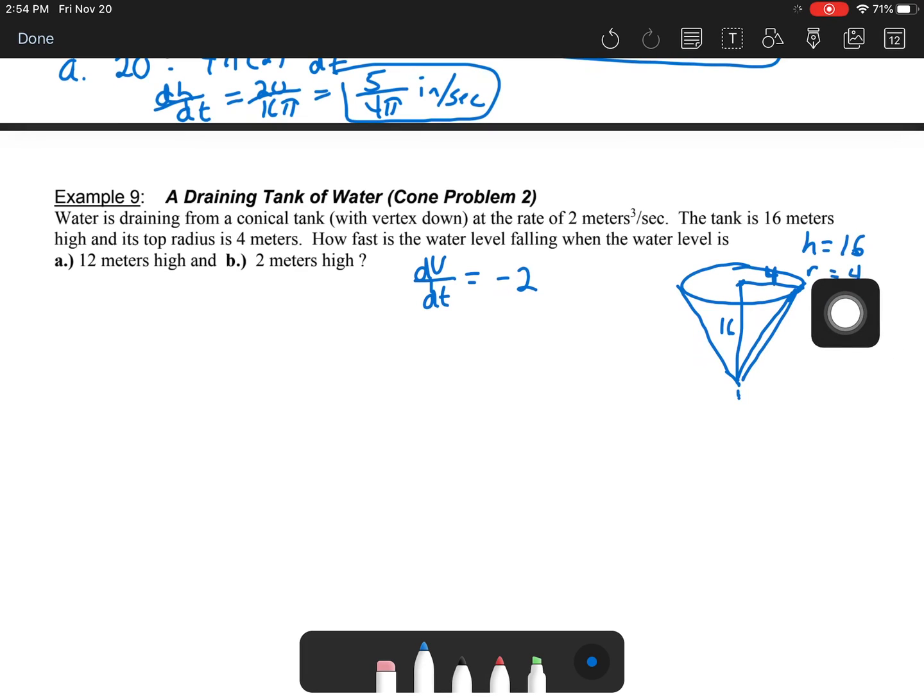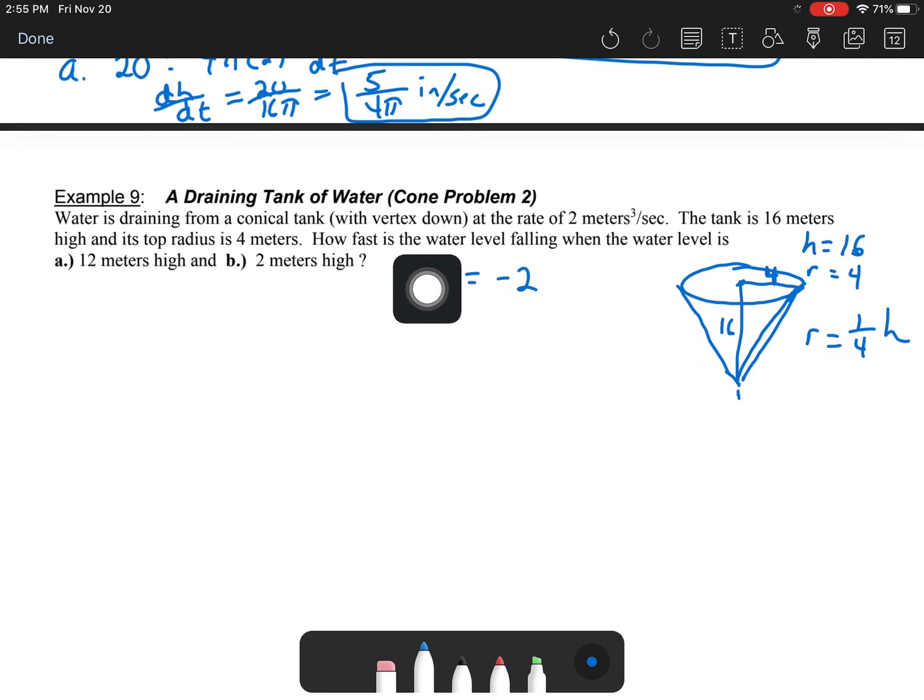So the ratio of the height to radius, or radius to height, is going to remain constant anywhere throughout this cone. When they give you those measurements, that allows you to say, okay, I've got a ratio where the radius is always going to be equal to, in this case, 4/16 or 1/4 of the height.